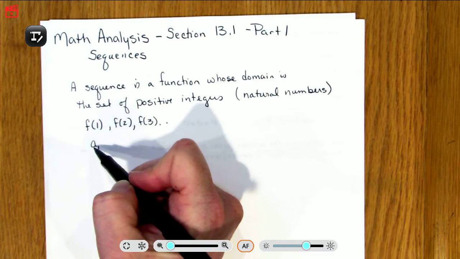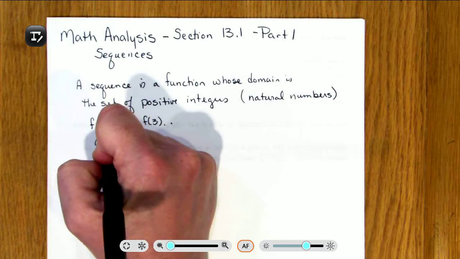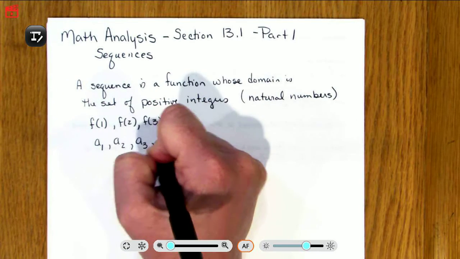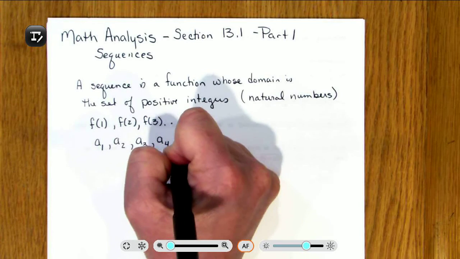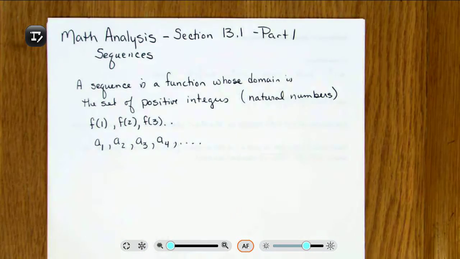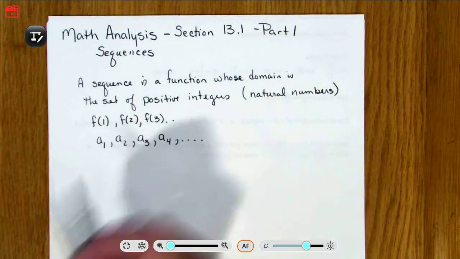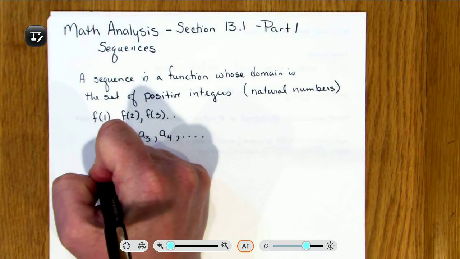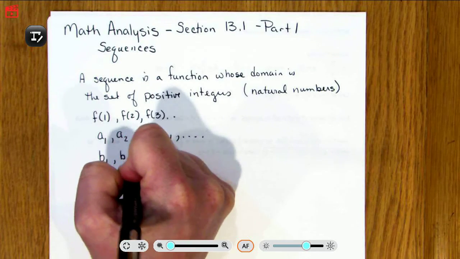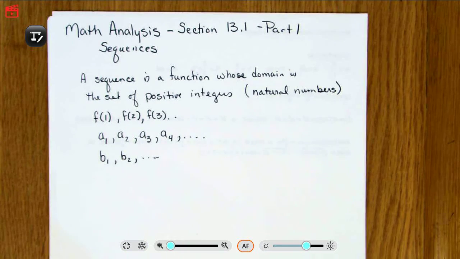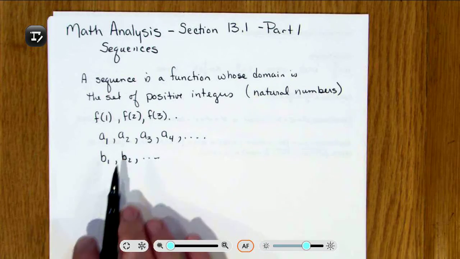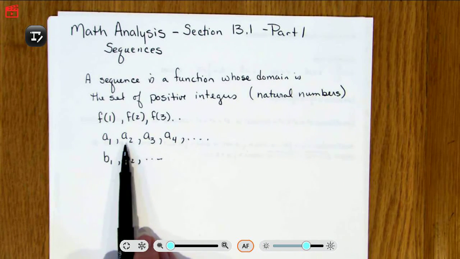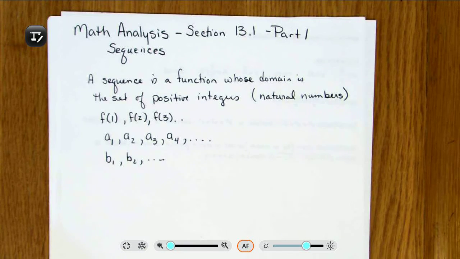So our first term would be a1, our second term is a2, third term is a3, a4, and then it would continue on and on forever. There's no specific reason why we used a. I could have used b's, we will see those a little later too, but it's just a sequence of numbers, a list of numbers that correspond to the first term, the second term, the third term, and so forth.